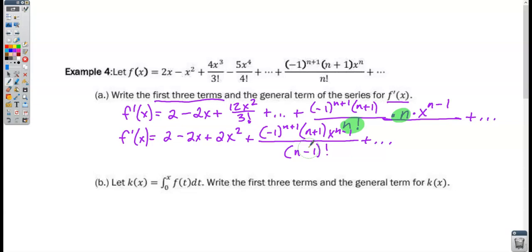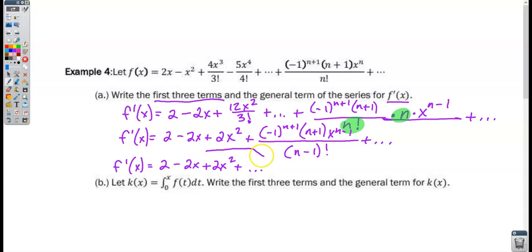In order to have that happen, we need x to the 0 power in this one when n is 0. So we need to adjust this so that it's x to the n in that general term. And in order to turn n minus 1 into n, we need to add 1 to it.